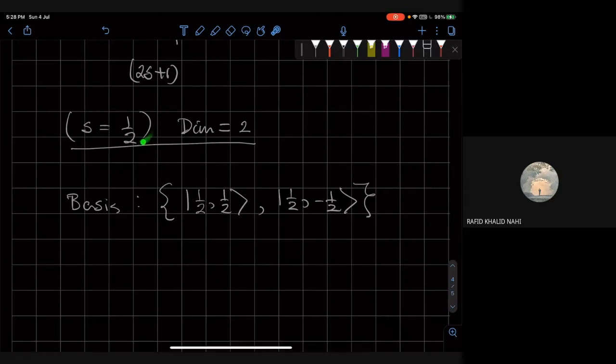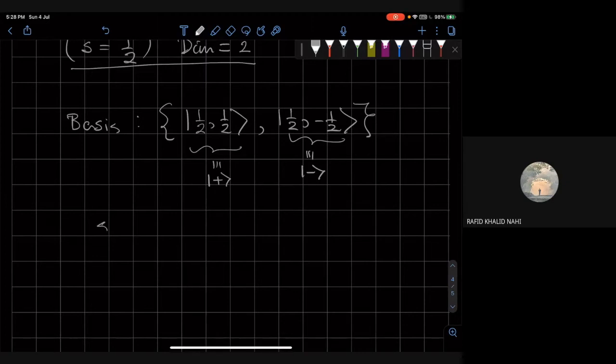Because the value of S is fixed, we can forget it for the time being and introduce a convenient notation. Call this plus and call this minus, okay?